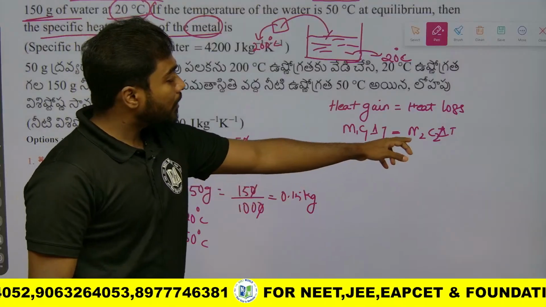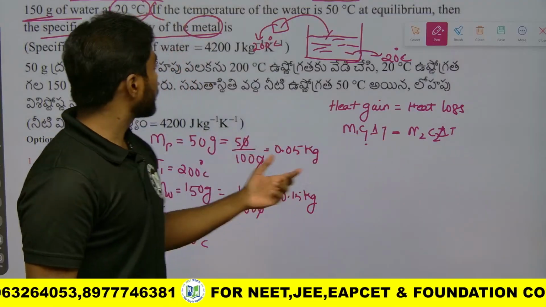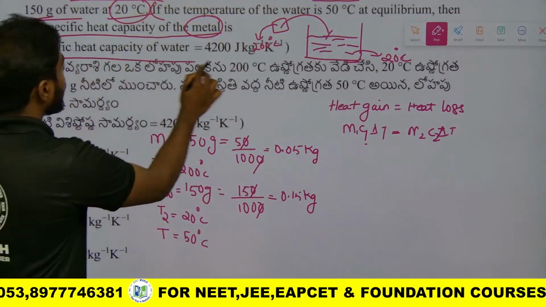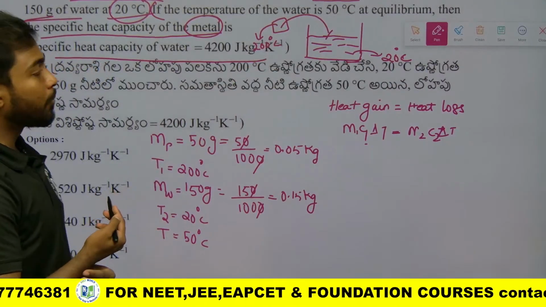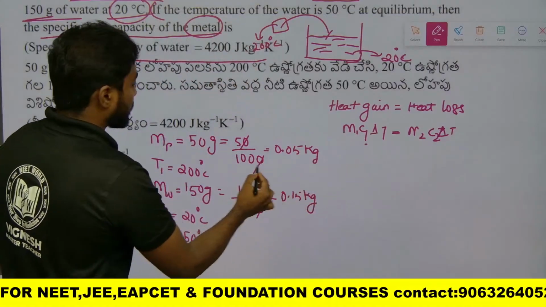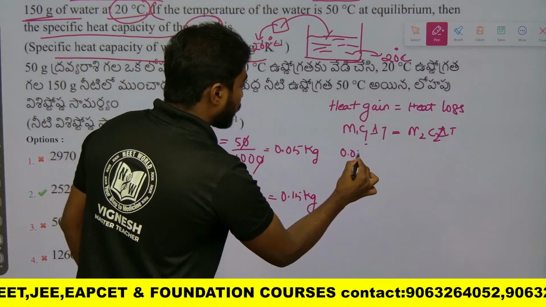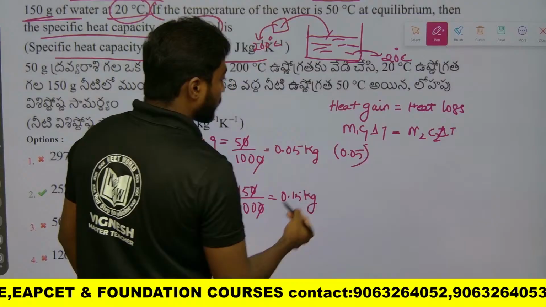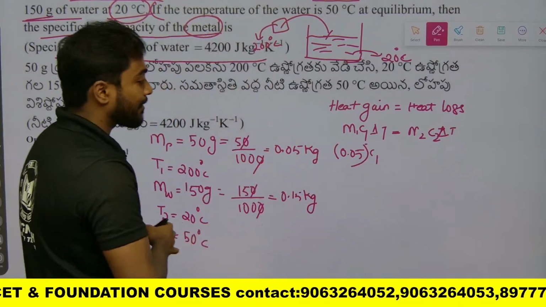But what about the heat, like water? They have given here. It is 4200 joule per kg Kelvin. So mass of this, 0.05 into C1 I need to find. I will keep as it is.